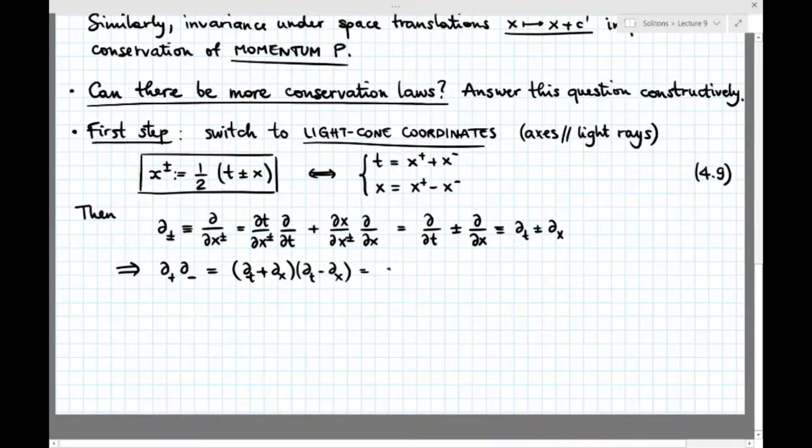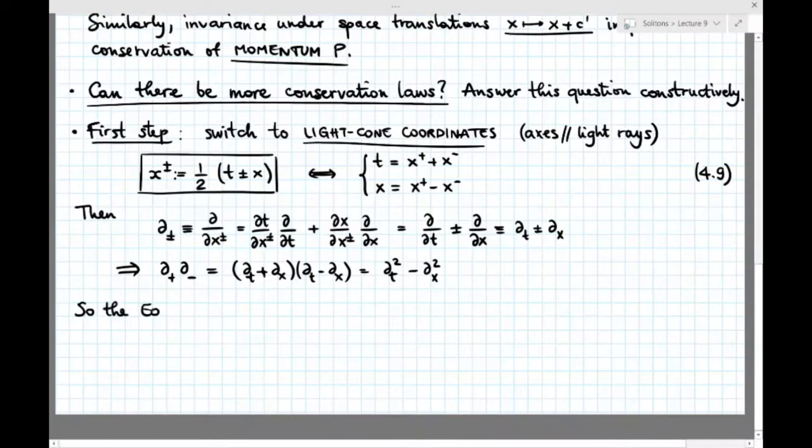So this is partial derivative with respect to time squared, so second derivative, minus second derivative with respect to space. And this is precisely the combination of derivatives which appears in a relativistic field equation or equation of motion.